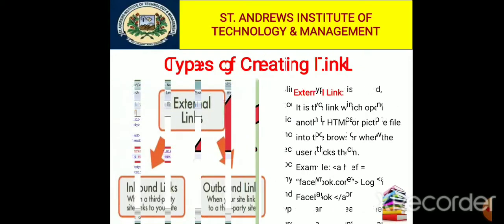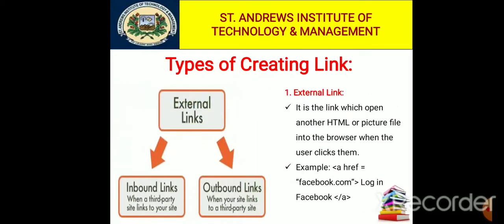Now, types of creating links. How do we create a link? There are two types by which we can create a link. The first is inbound or internal, and the second is outbound or external. An external link is a link which opens another HTML or picture file in the browser when the user clicks it.